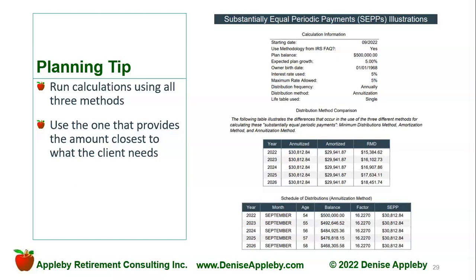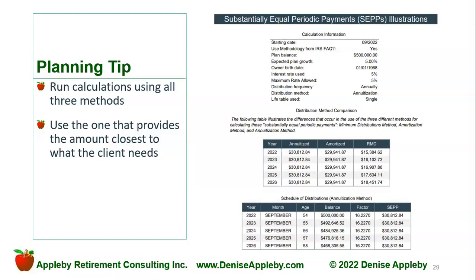For instance, using the $500,000 that we used in the previous example, under the annuitization method, it's $30,800 per year. Under the amortization method, it's $29,941 per year. And under the RMD method, it's $15,300 per year.